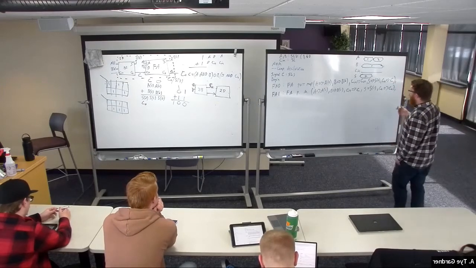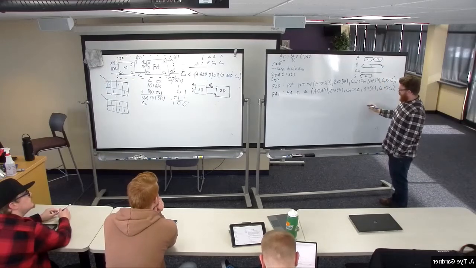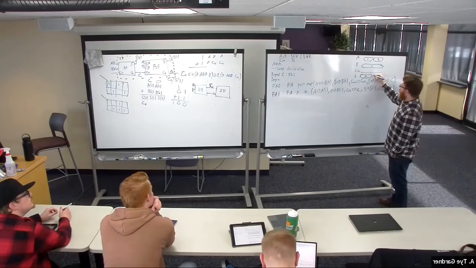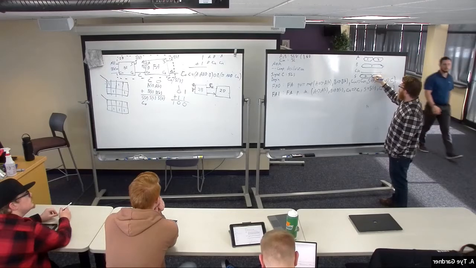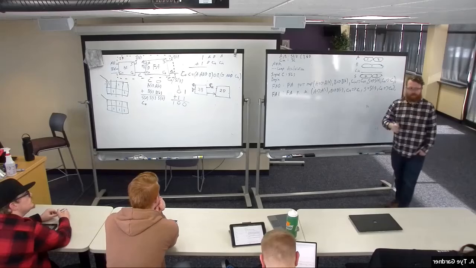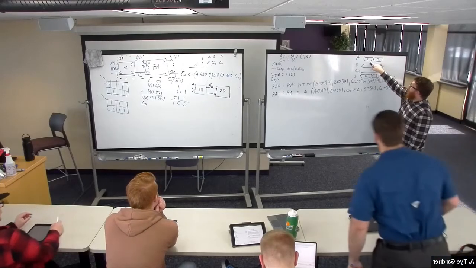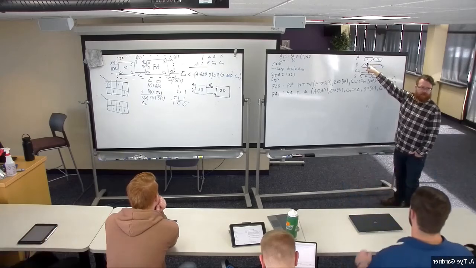And then, well, once I have 2 plus 1, it's now 3, which is 1, 1. That's allowed to be represented in a 2-bit sum. 3. That's fine. If, well, A is 2 bits, right?